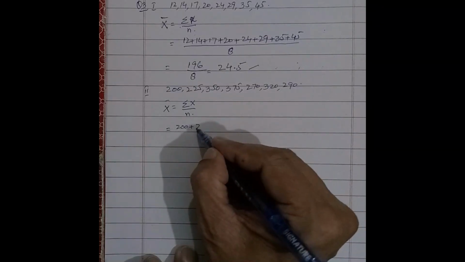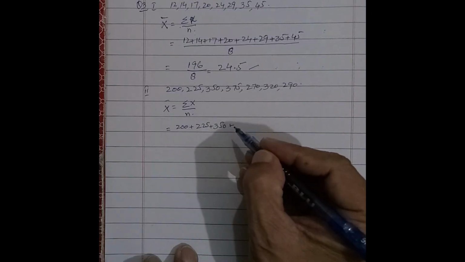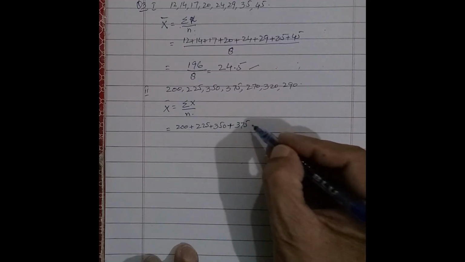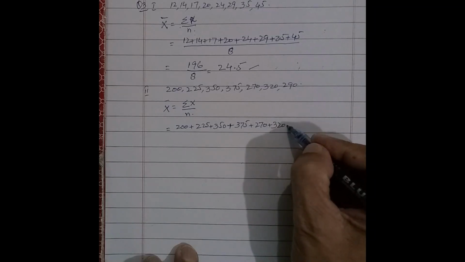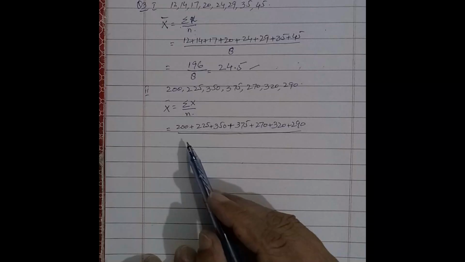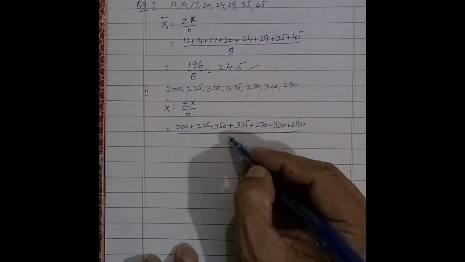The values are 200, 225, 350, 375, 270, 320, 290 over the number of values, which are 1, 2, 3, 4, 5, 6 and 7.